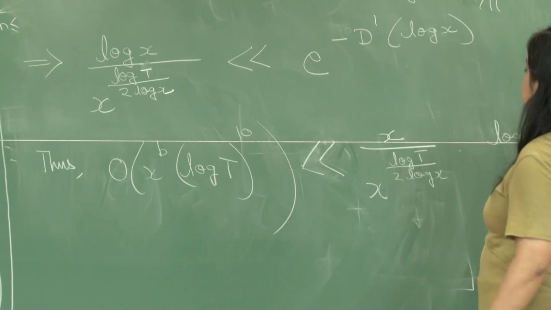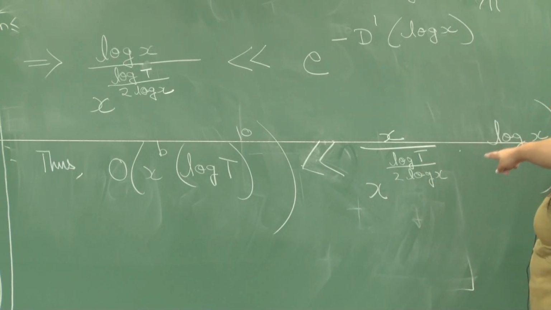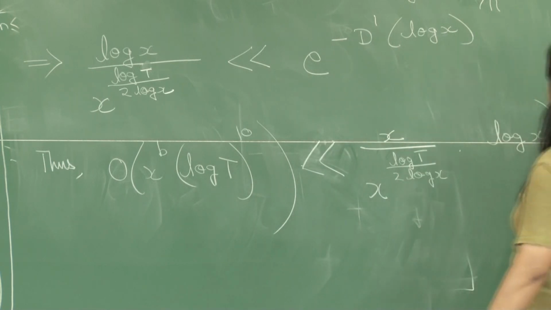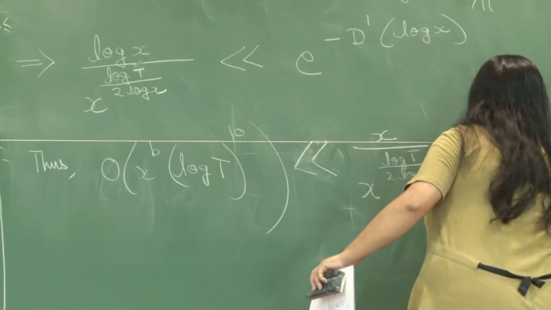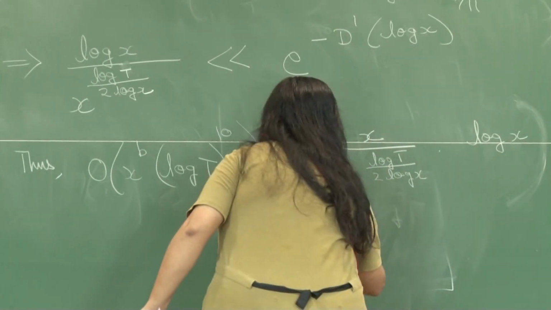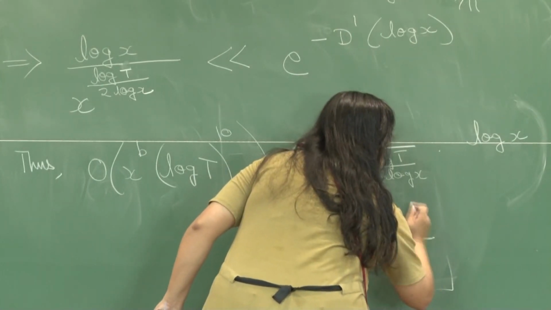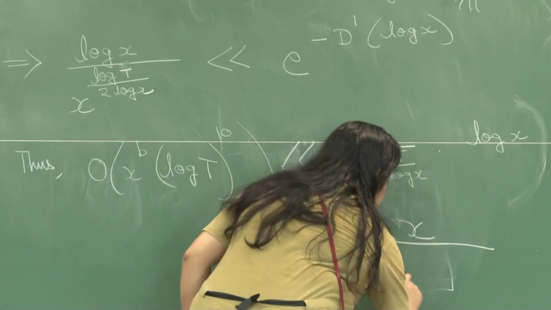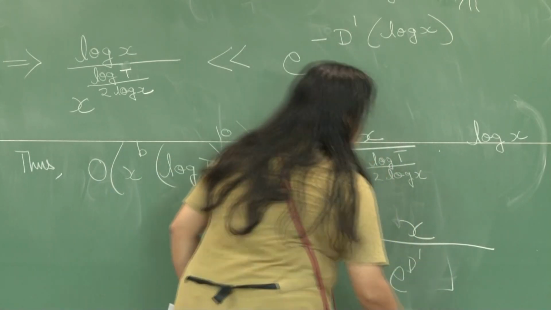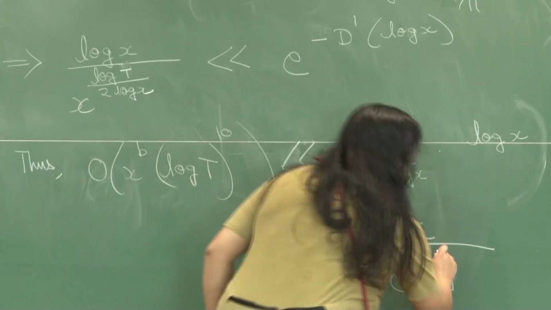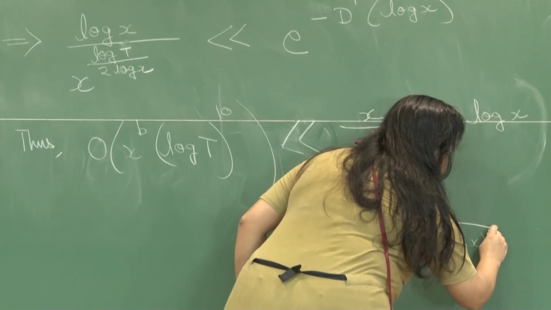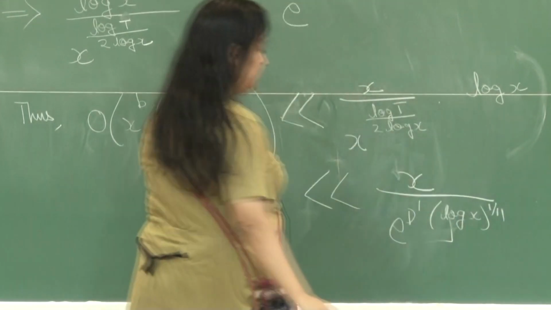So, x over something which is bounded above by this, and so this is less than x over e raised to the d prime of log x raised to the 1 over 11.